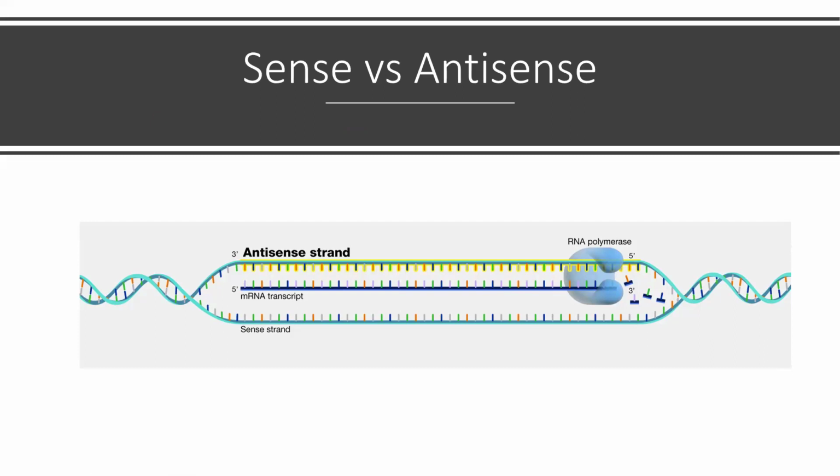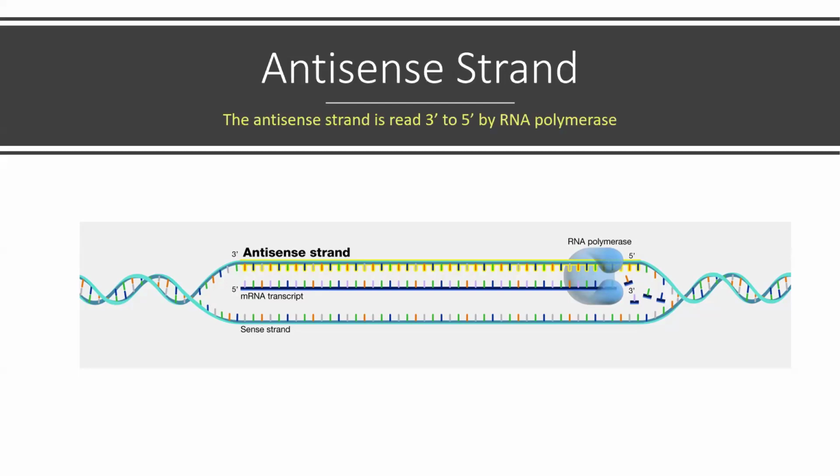When we think about DNA replication, we don't use these terms sense and antisense, but we do when we're thinking about transcription. The antisense strand is going to be the 3' to 5' strand.